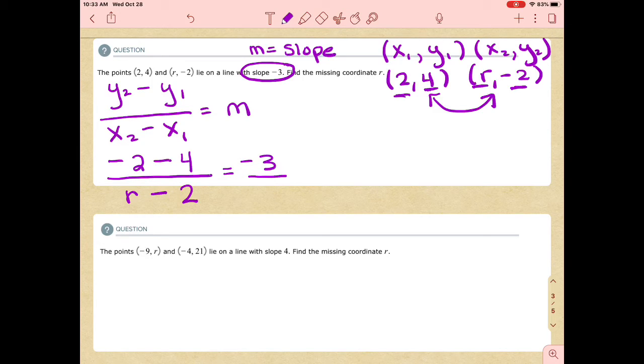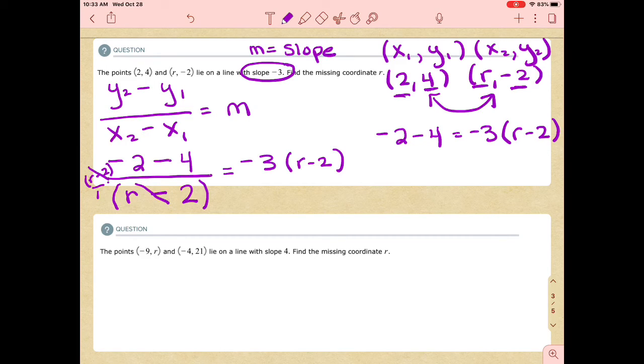Or we can just think about needing to multiply what's in the bottom of this fraction on both sides. So I'm going to multiply this side times r minus 2, and I'm going to multiply this side times r minus 2. So notice that this cancels with this, which is why I did it. So I'm going to rewrite here, -2 minus 4 equals -3 times r minus 2.